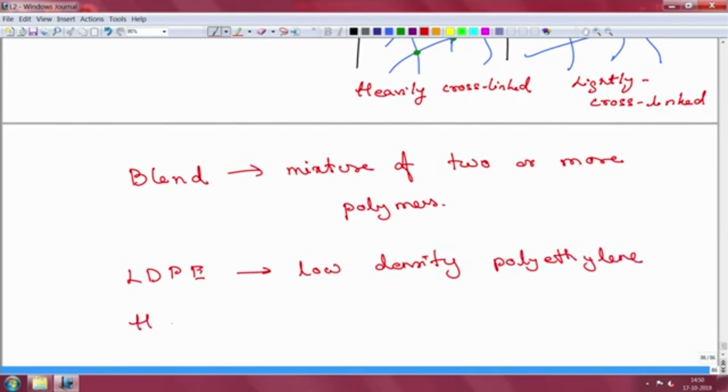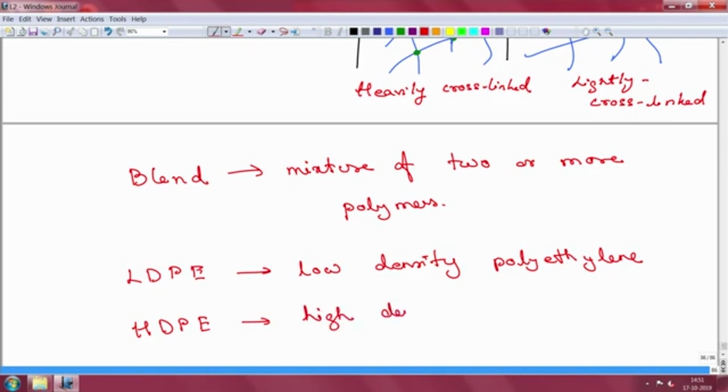You have HDPE, and the reason we are going through all these sundry facts is just to give you an idea that the moment you have these large molecules, how many different complications are possible, and that can lead to all these different issues that you have to take care of.